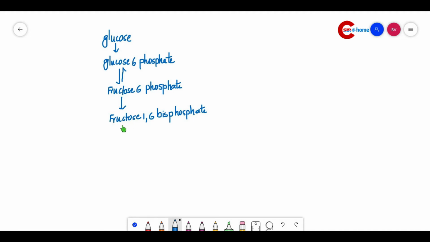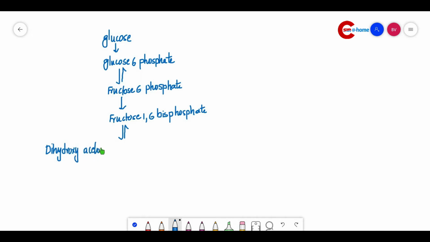Then this fructose 1,6-bisphosphate, which is a 6-carbon compound, is converted into 2 molecules of 3-carbon compounds. That is dihydroxyacetone phosphate, a 3-carbon compound.